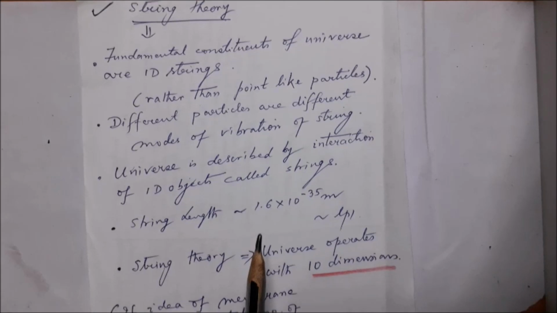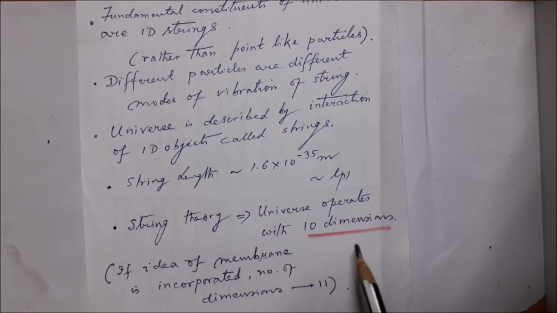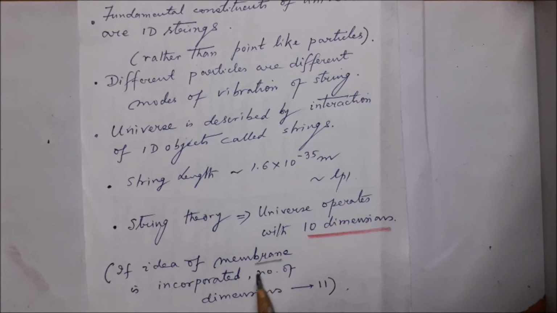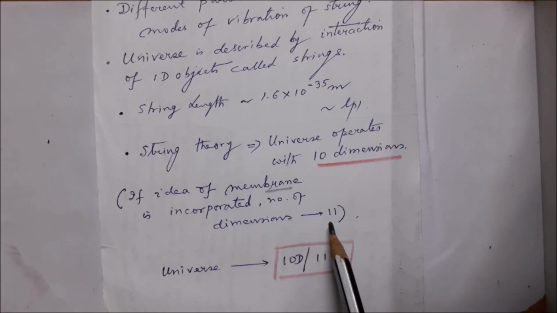Now string theory says that the universe operates in 10 dimensions, and with the idea of brane put into it, the word coming from membrane, we need the universe to function with 11 dimensions.